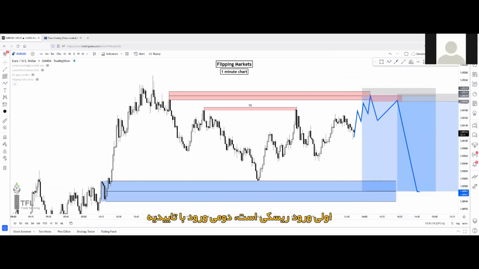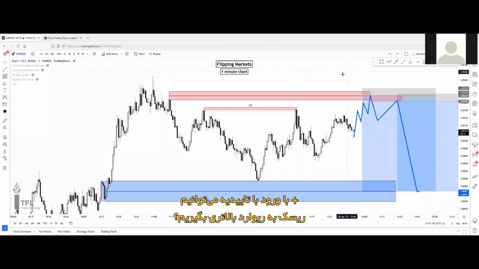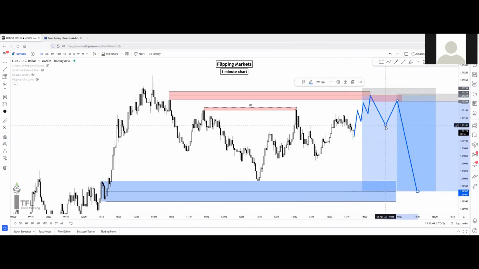Yes, I think this is a risk entry, and we have a confirmation entry. Yes, Marcel, that's true. In a risk entry we can get less reward than in a confirmation. That's correct. When we enter on confirmation, we can get maximum reward in the one trade. That's true.